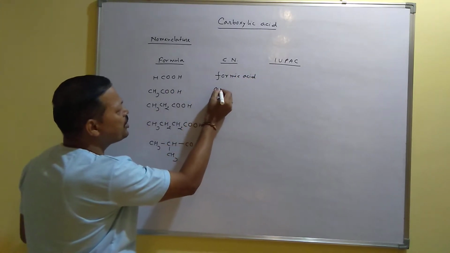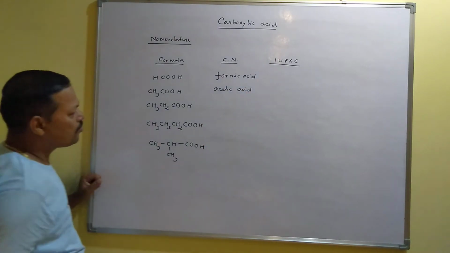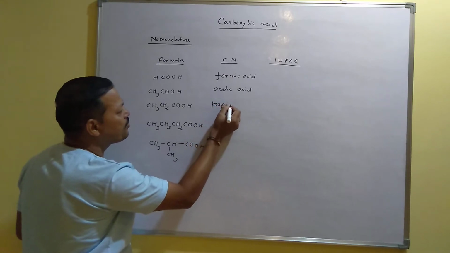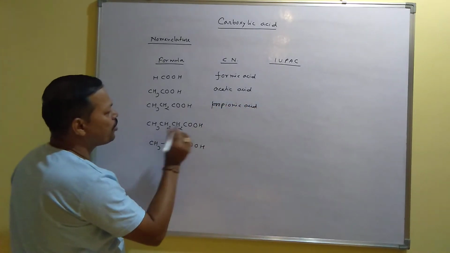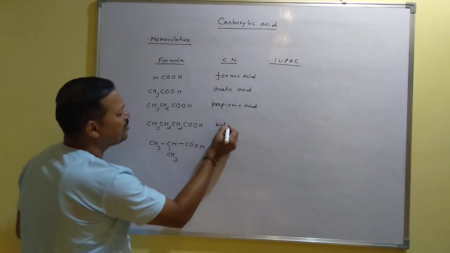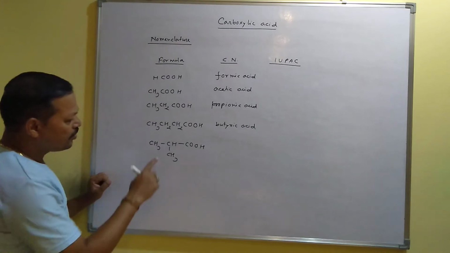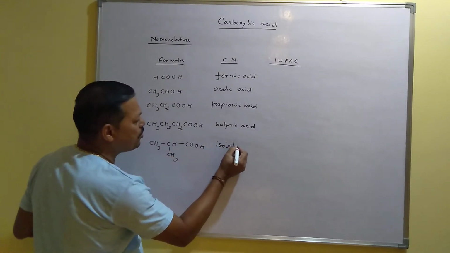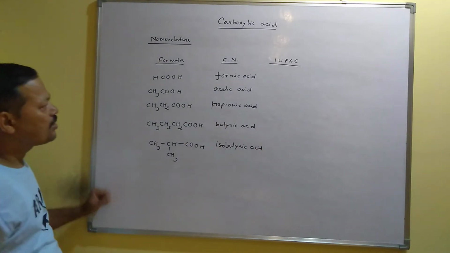The second one everyone knows, acetic acid. Acetic acid is the common name, not the IUPAC name. The third one has 3 carbons, that's why it is called propionic acid. With 4 carbons, this is called butyric acid. This is called isobutyric acid. Branching is present, that's why iso. So these are the common names.